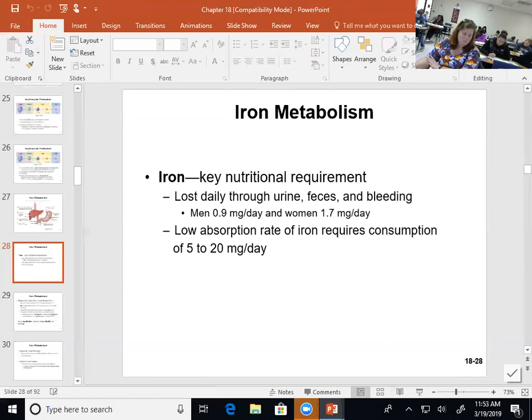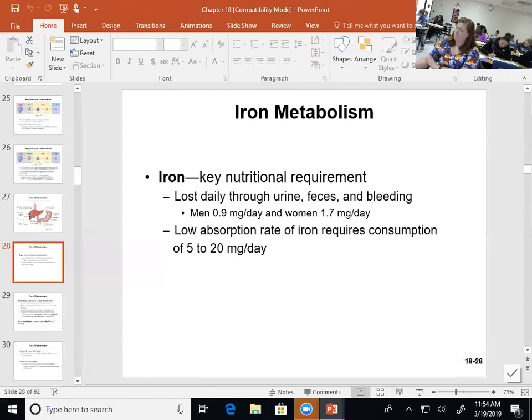So do you understand why, if you are iron deficient, you can't make enough hemoglobin to fill your red cells? Iron deficiency anemia is a true thing, and it is a very common cause of anemia. So you do have to have iron. But to make hemoglobin, you also have to have vitamin B complexes as well.